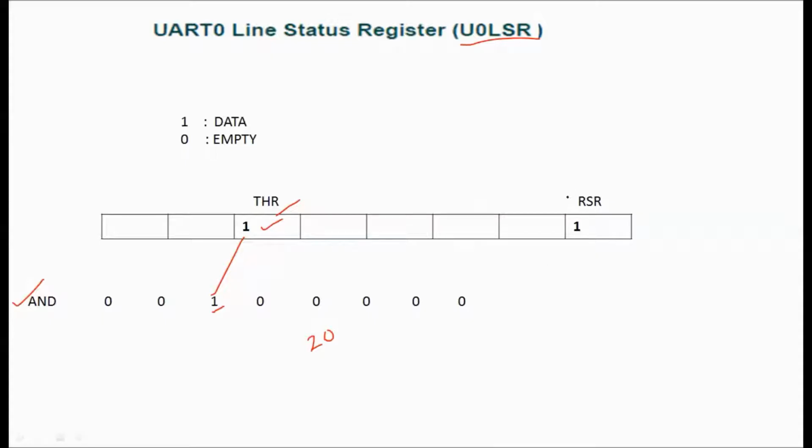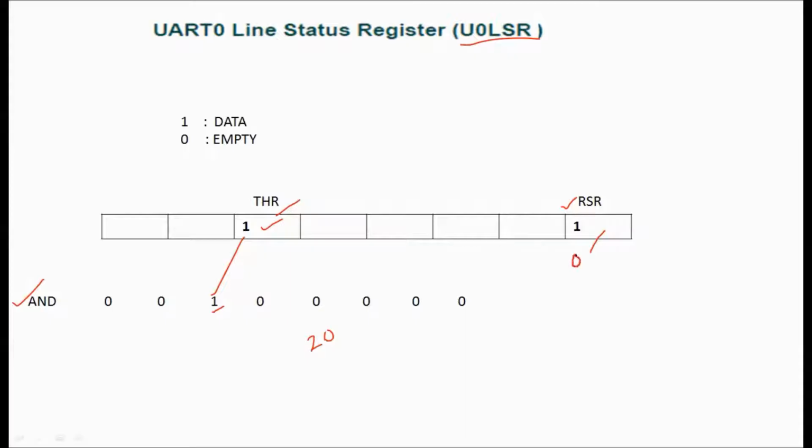Similarly, for data reception, the RSR bit is used. So when the 8 bits of data are received completely, this bit is automatically set to 1. So how will we check whether data is received completely or not? Again, we'll use a masking technique.